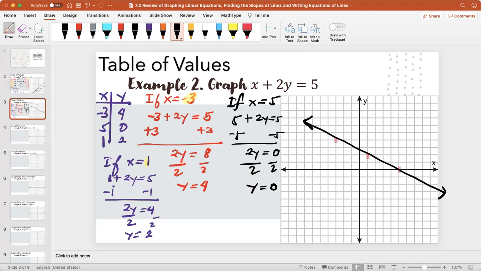Okay, so this would be your graph for x plus 2y equals 5. Let's put the coordinates of the points that we have here. This is negative 3, 4. This is 1, 2. And this is 5, 0. And I think we are done. We are done for this graph.